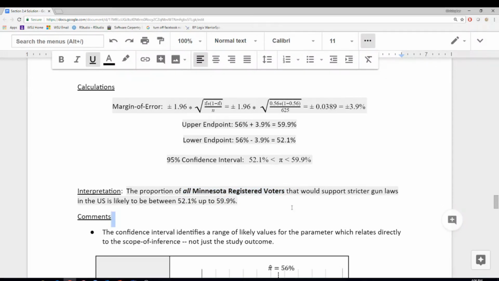So again, that confidence interval is trying to identify the outcomes for those in our scope of inference, which are all Minnesota registered voters. And I was looking at those that support stricter gun laws. So let's go ahead and read that interpretation from front to end here. It is the proportion of all Minnesota registered voters that would support stricter gun laws in the United States is likely to be between 52.1% up to 59.9%.